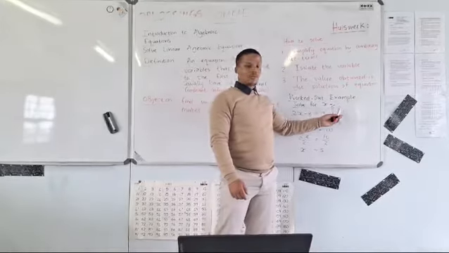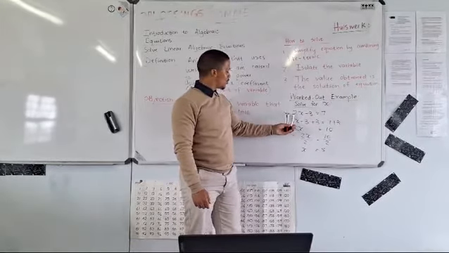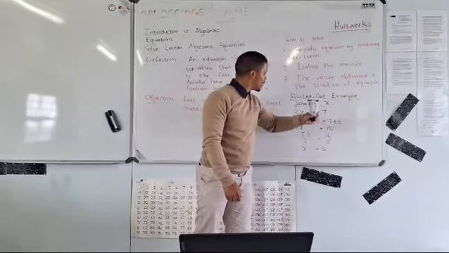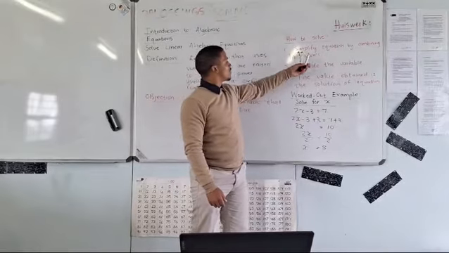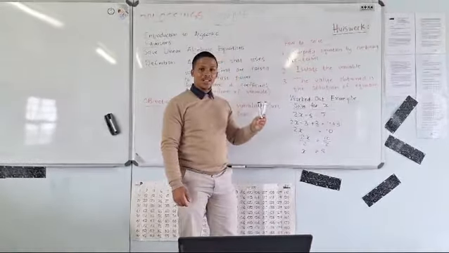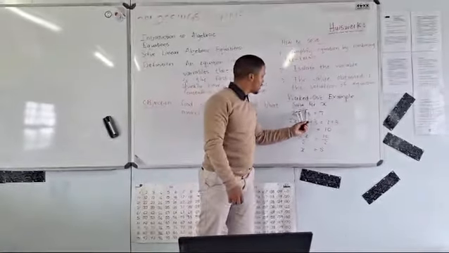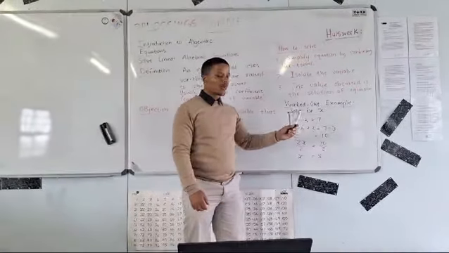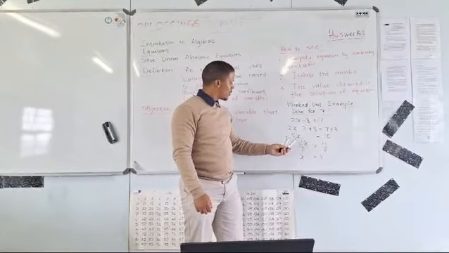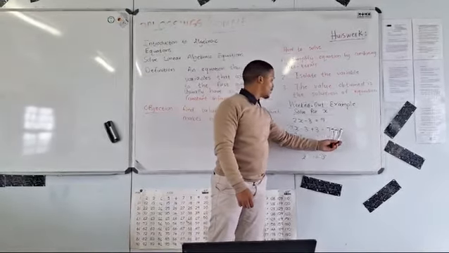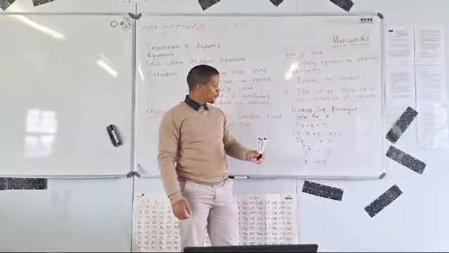Here we have to solve for x first. 2x minus 3 is equal to 7. First, we have to simplify by combining the like terms. In this case, we need to take the minus 3 to the right hand side of the equation. How we do that is we plus 3 on the left and plus 3 on the right.